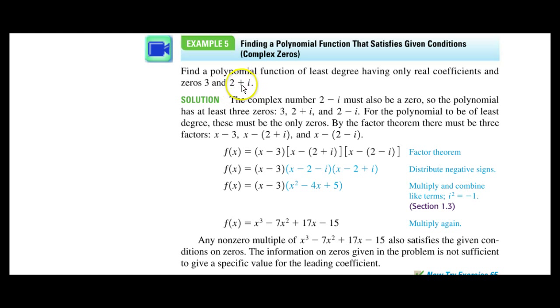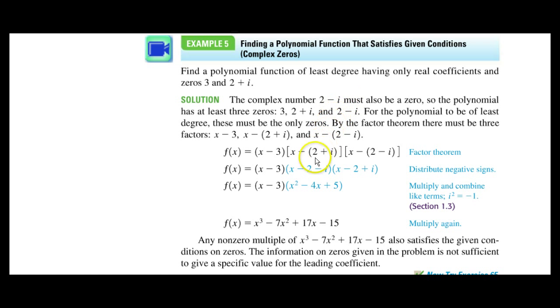But in order for this to have real number coefficients, we have to also include its conjugate, which is x minus, in this case, 2 minus i.